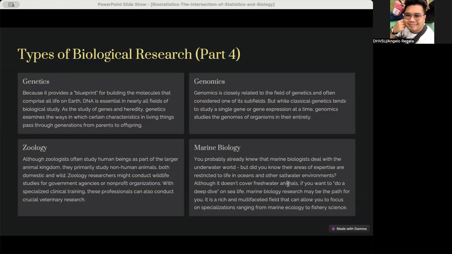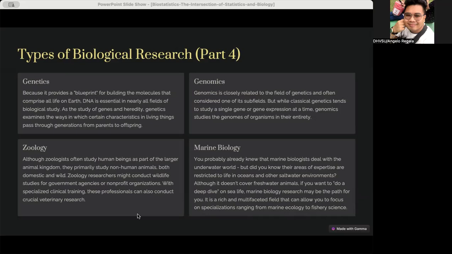So we can have research about wildlife for government agencies and non-profit organizations, clinical trainings, as well as the conduct of crucial veterinary researches.